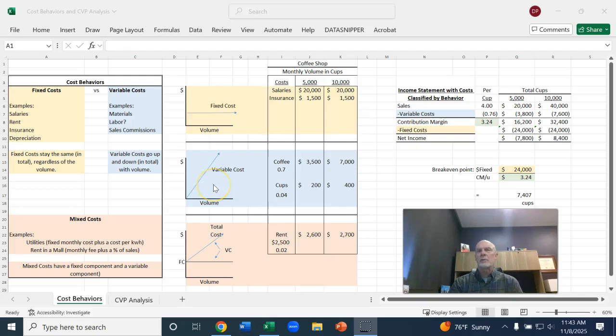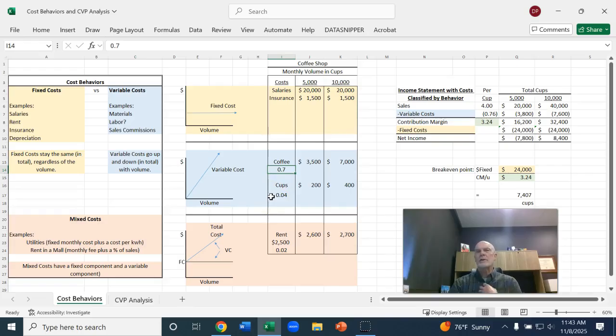On the other hand, variable costs are those costs that go up and down depending on how much activity you have. So for example, in the coffee shop, we have to buy coffee, we have to buy cups, and so let's assume the coffee is 70 cents per cup our cost, and the cup costs us 4 cents apiece.